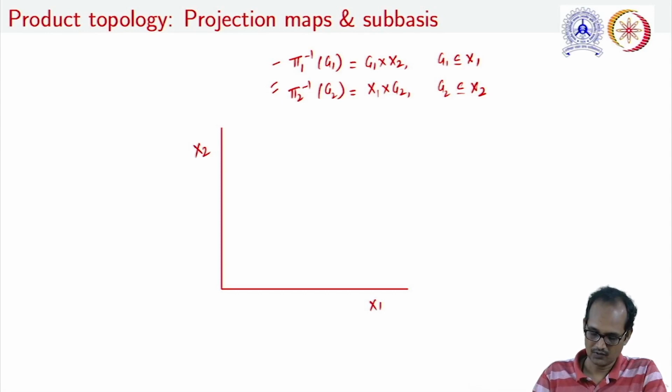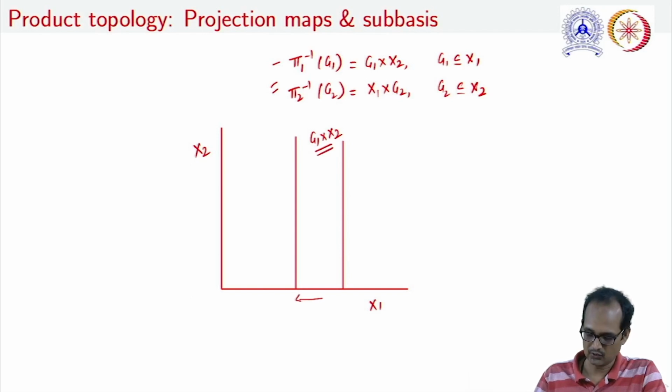This region is representing G1 cross X2, actually this is our set G1.